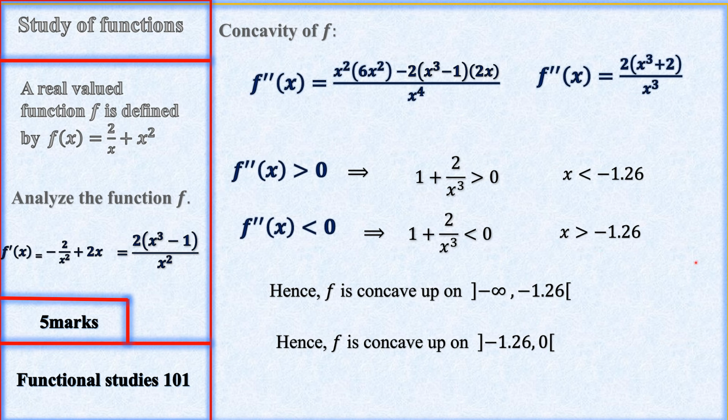But remember that the line x equals 0 is a vertical asymptote to our function. The graph cannot cross it, so it will end at that point. The concavity will open downward from negative 1.26 to the left of 0. Since it cannot cross that line, it's a vertical asymptote. We'll see that on the graph. So these are the intervals where the function is concave up and concave down respectively.